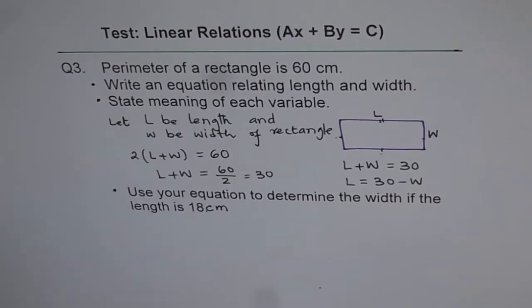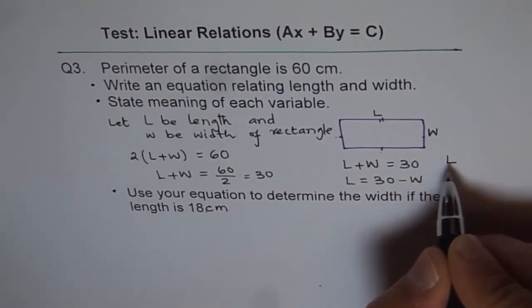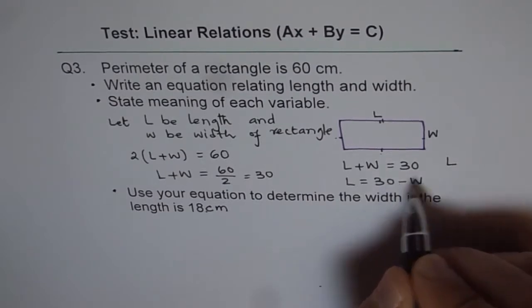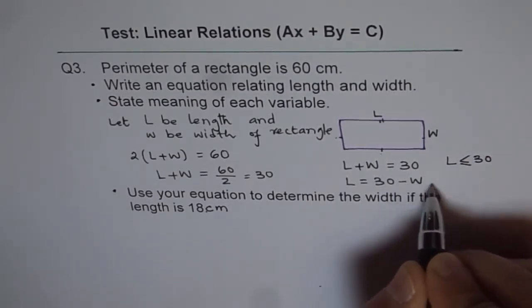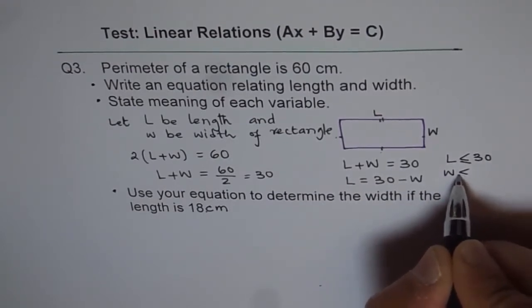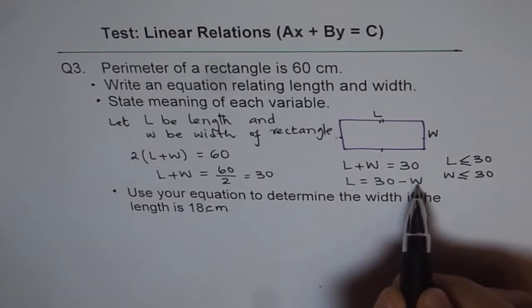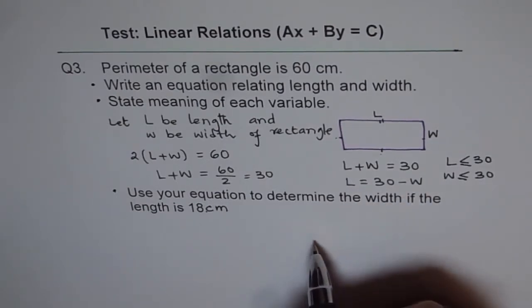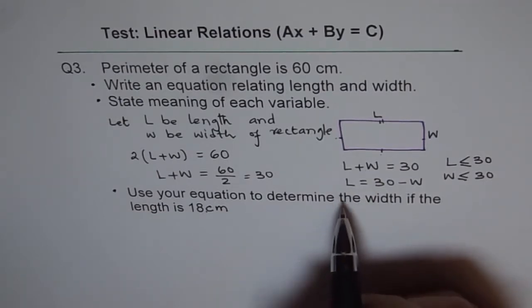Therefore, we get something more about our variables at this moment. So from here, we can say that length should be less than or equal to 30. We can say width, it should be less than or equal to 30, right? Now if width is more than 30, then there will be negative length. And we can say the same thing for width also, right?